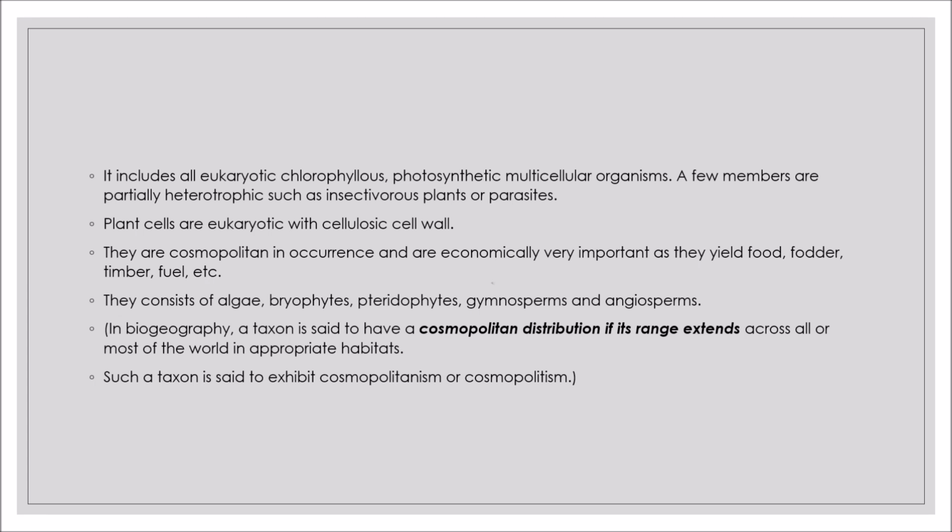So the insectivorous plants are sometimes heterotrophic, and some are also parasites. At the cell level, they are eukaryotic, that is, the cell organelles are well developed, and the cell wall is made up of cellulose.